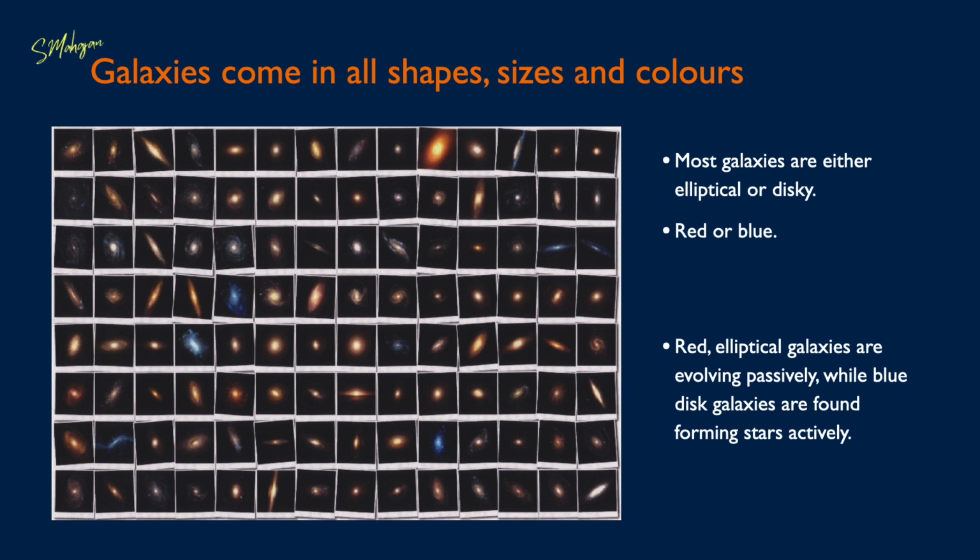We now know that this is because the disky blue galaxies are forming stars actively, while the red ellipticals are evolving passively. Also note that among the disk galaxies, while some have clear spiral structure, others are more irregular in shape and hence called the irregular galaxies.